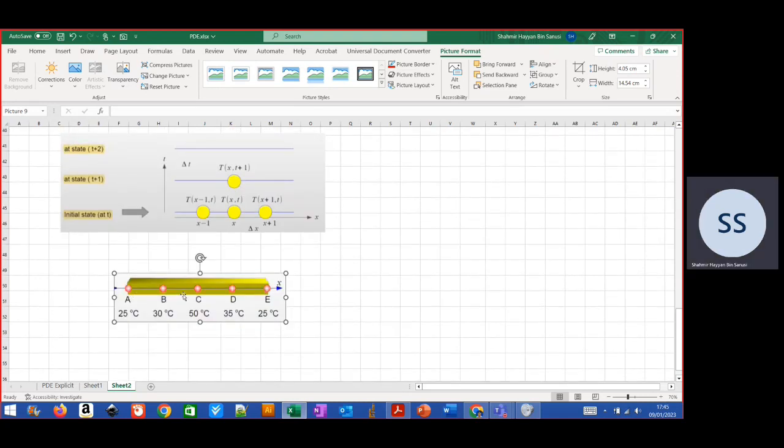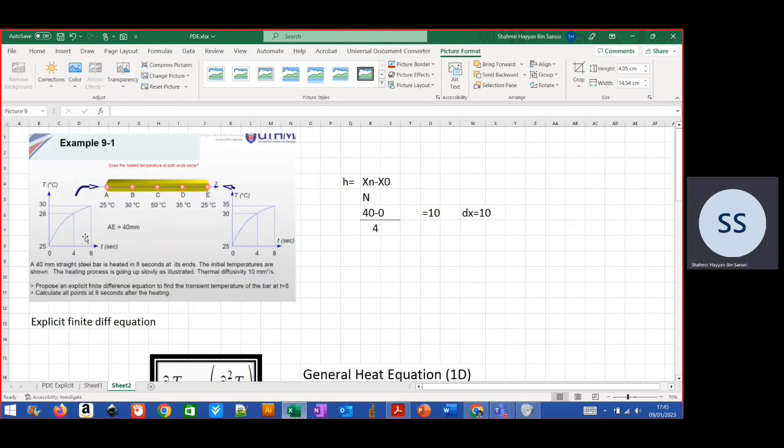We've got points A, B, C, D, and E. What we want is to predict the temperature at 4 and at 8 seconds.